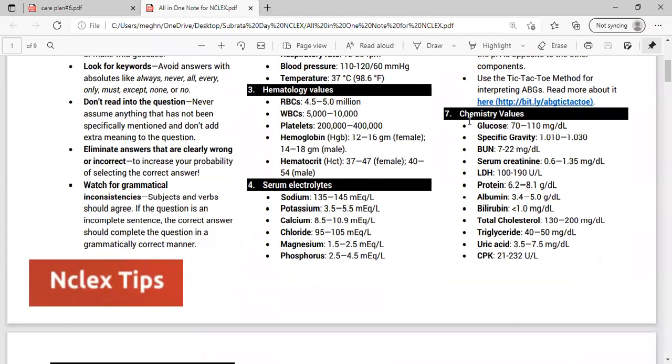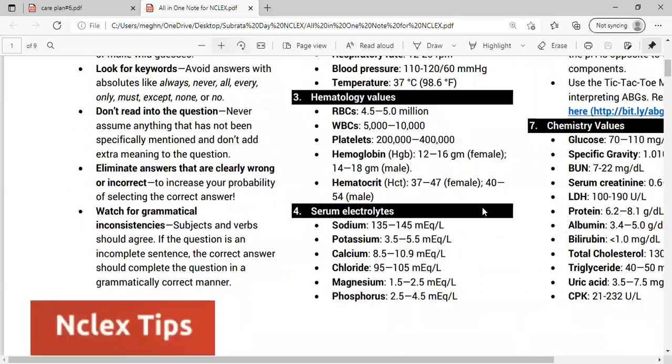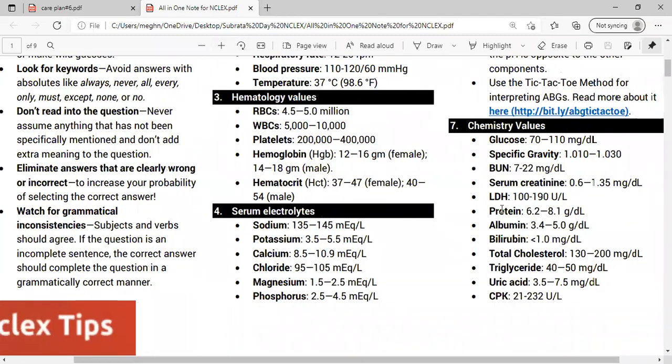Next, other blood chemistry, you can see. Blood glucose is normally 70 to 110 milligrams per dl. Urine specific gravity is 1.013 to 1.030.